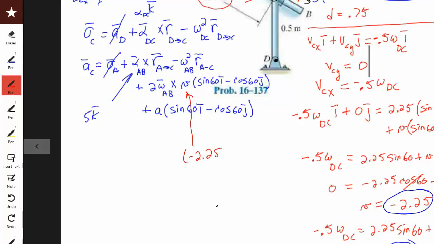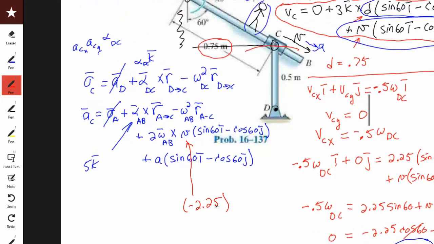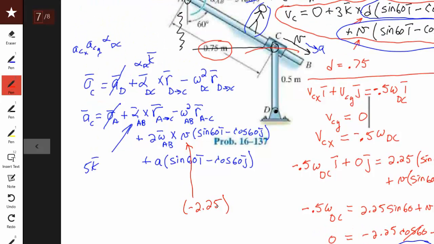Unless I made a mistake, that's what that'll be. Omega AB, I've got that. That was given. And now the thing that's unknown in this equation is this little a. So the other unknown is a. So now I've got 4 unknowns in these 2 vector equations.